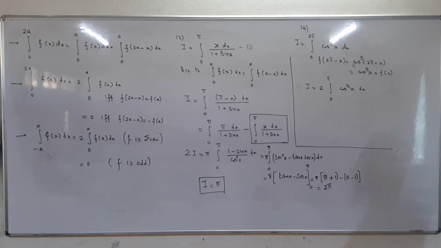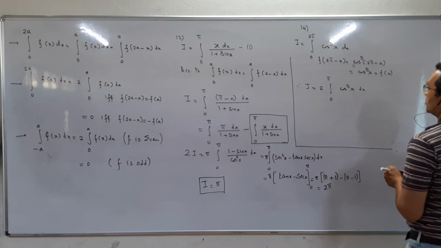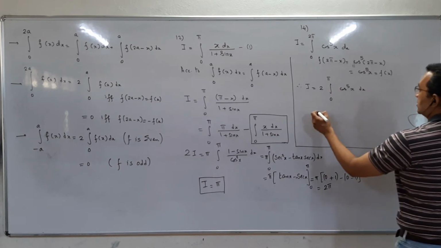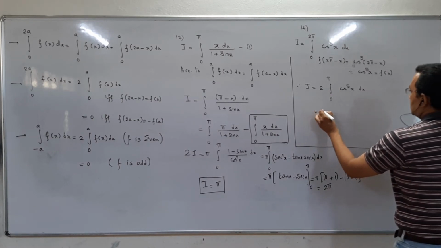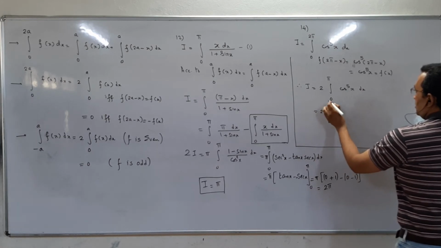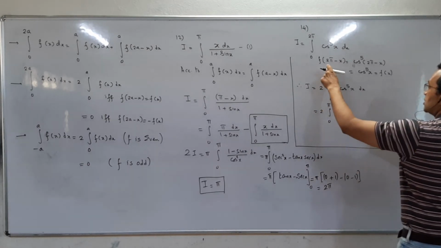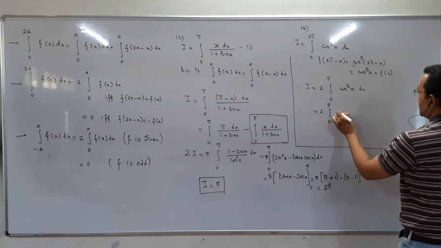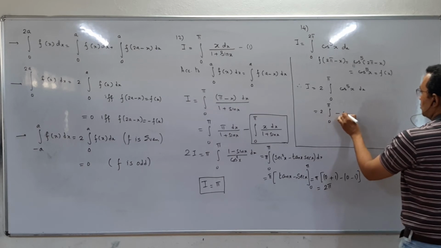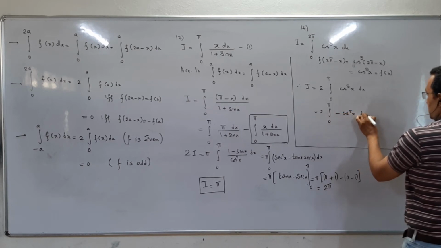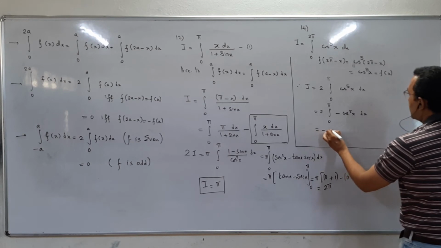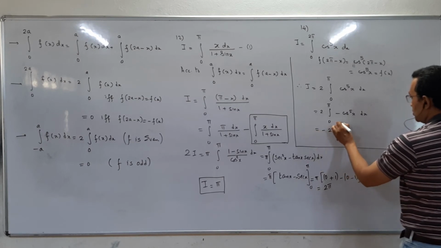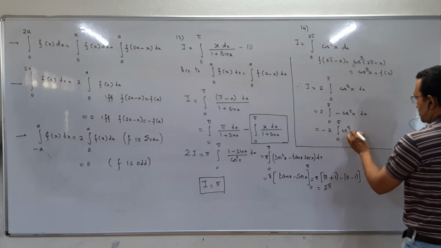Now students, pay attention. What I am doing now, if I apply the property integration 0 to a f x dx is integration 0 to a f of a minus x dx, cos of pi minus x will be minus cos x, and so this is minus integration 0 to pi cos x raised to 5 dx.